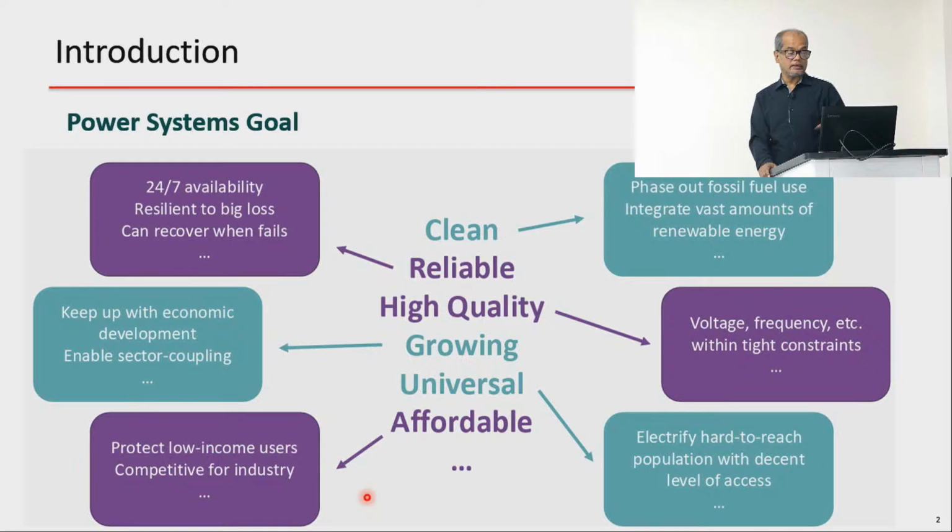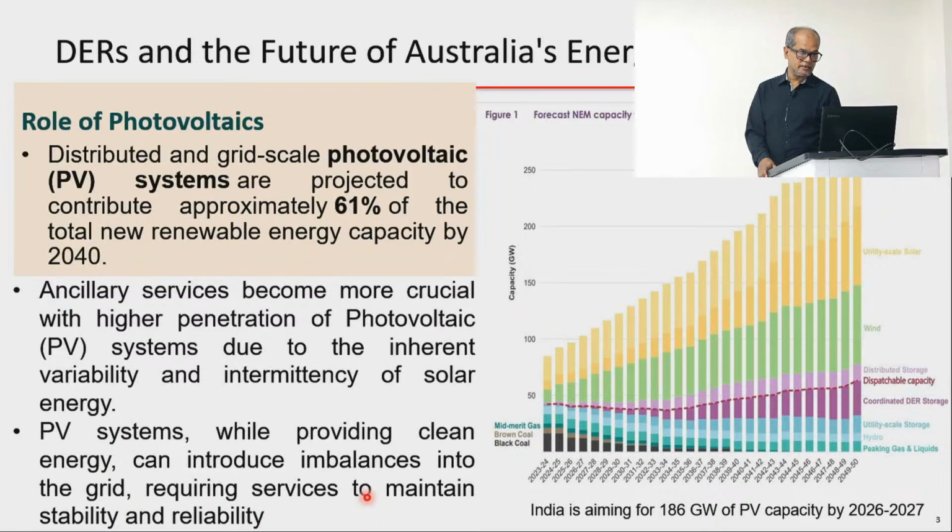So those are all the things we need to ensure, and in many cases ancillary service can play a significant role to meet the goal that the power system has, to supply power for the whole humanity.